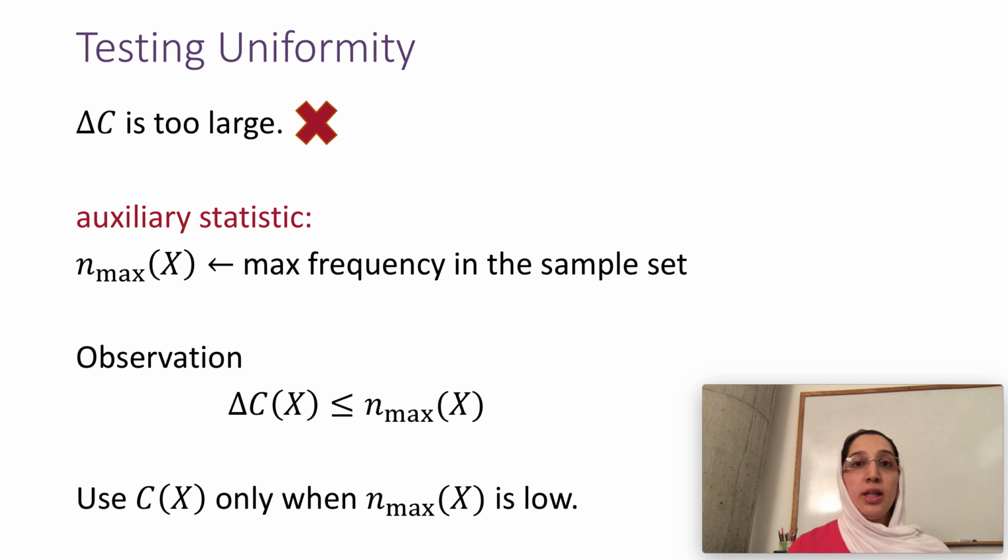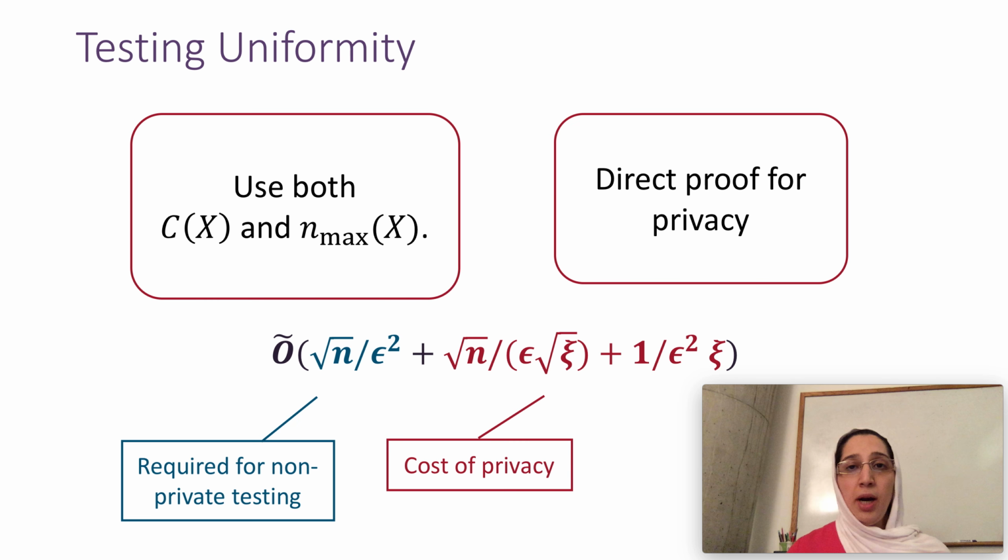So we can only use C when Nmax is not too large. Combining the information from both Nmax and C, we can come up with a tester. Since we haven't used the Laplace mechanism, we need to also directly prove the privacy. After these two steps, we essentially get the following sample complexity for our private tester.